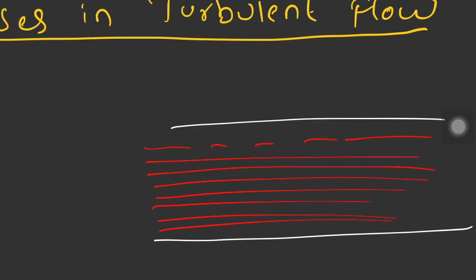between layers. If one particle from here travels here, it takes mass along with it. If you consider a particle of certain density, it will have certain mass, no? So when that travels from this layer to this layer, the mass from one layer transfers to another layer.